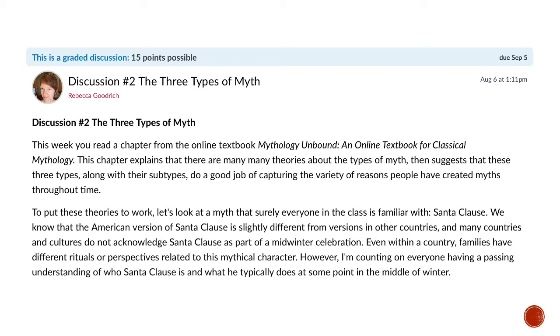Now, I'm not suggesting that every single one of us has the same version of Santa, or that you even do. If you grew up in a culture where Santa or some derivative of the Santa Claus character was simply not a part of it, obviously that's your culture. There's nothing wrong with that.